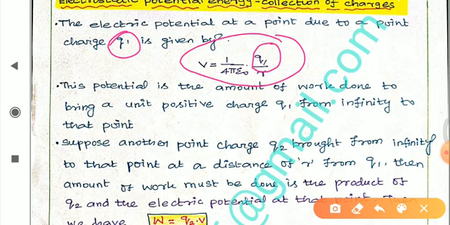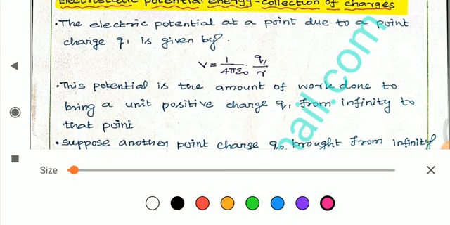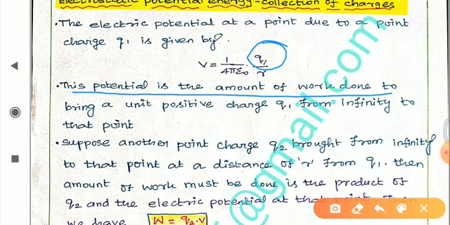Now, what is the definition of electric potential? Electric potential is defined as the amount of work done to bring a unit positive charge from infinity to the particular point.